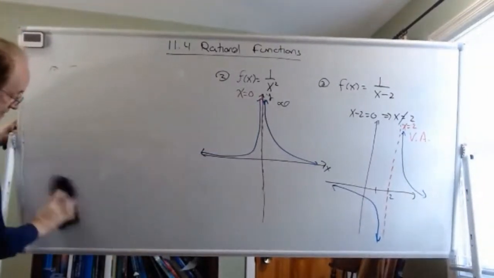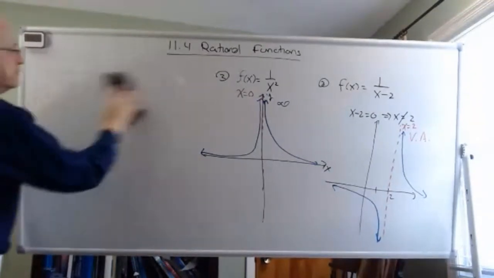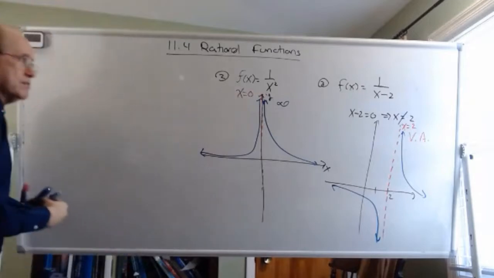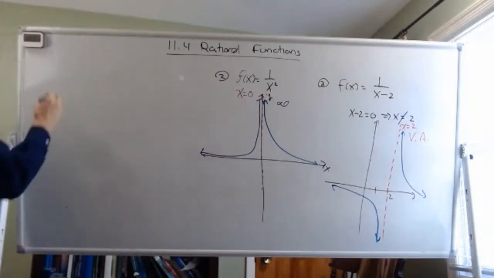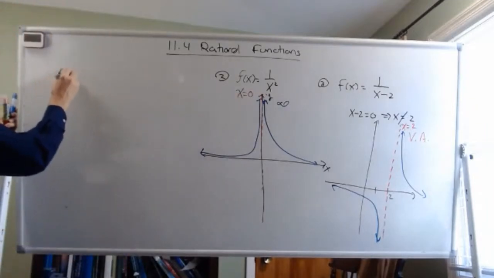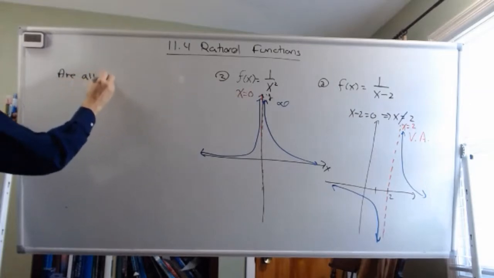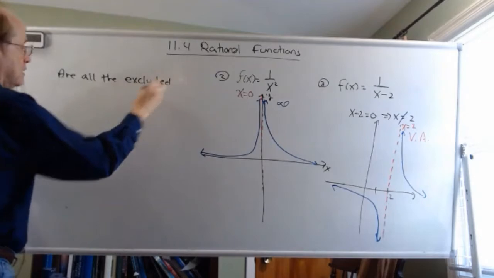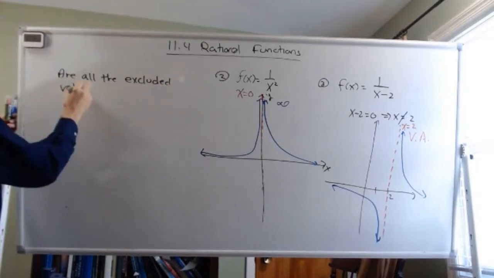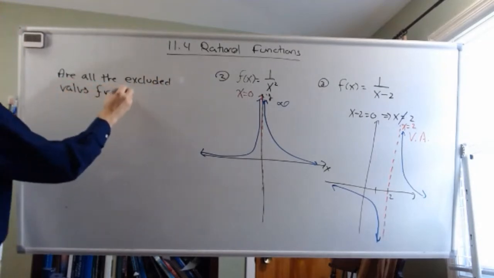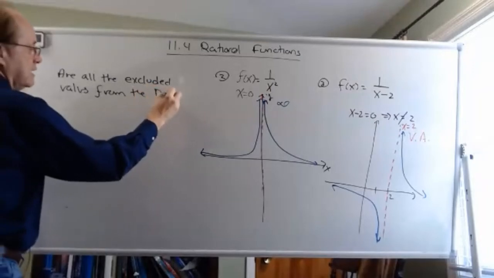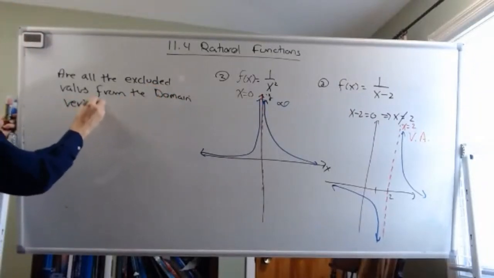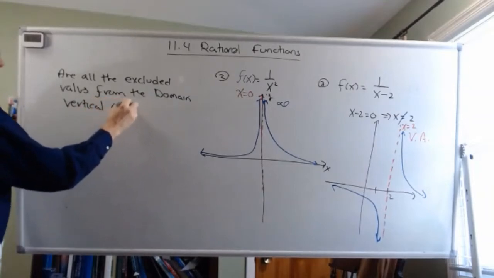So that's a question, and it seems like that's what's happening if I look at the first few examples. The first question a student might ask is, are all the excluded values from the domain vertical asymptotes?